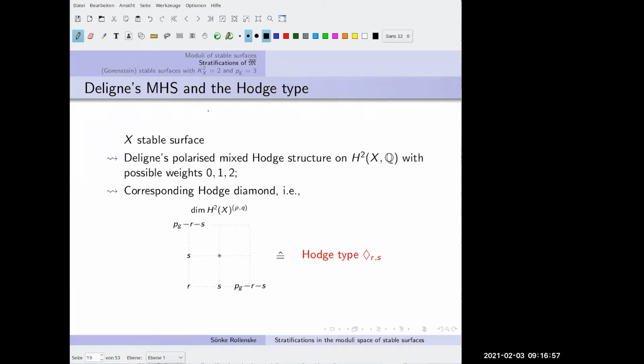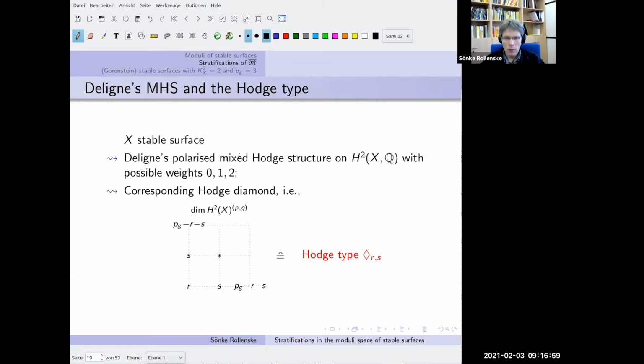So here's my stable surface. If I start with a stable surface, then I have Deligne's polarized mixed Hodge structure on H2. Then I can look at the Hodge structure on H2, and it has components of weight 2, weight 1, and weight 0.